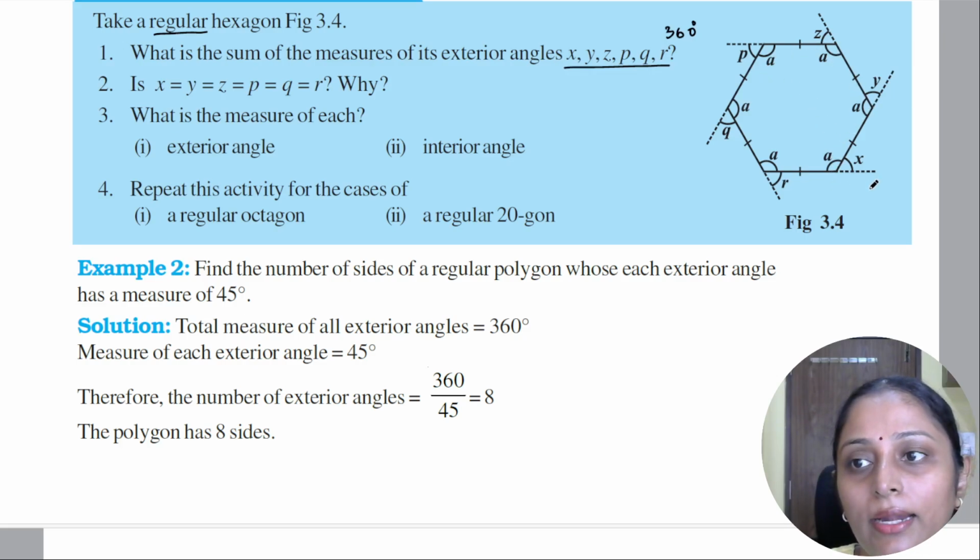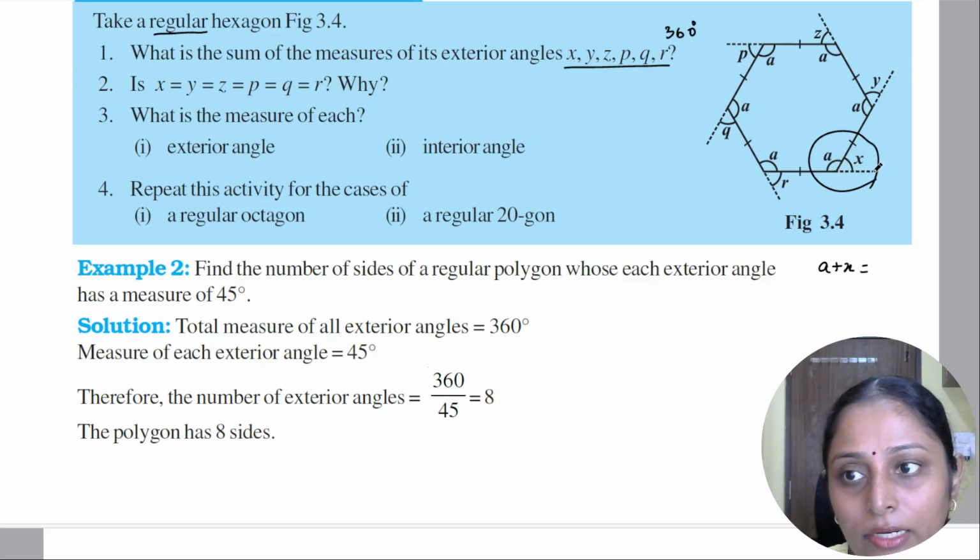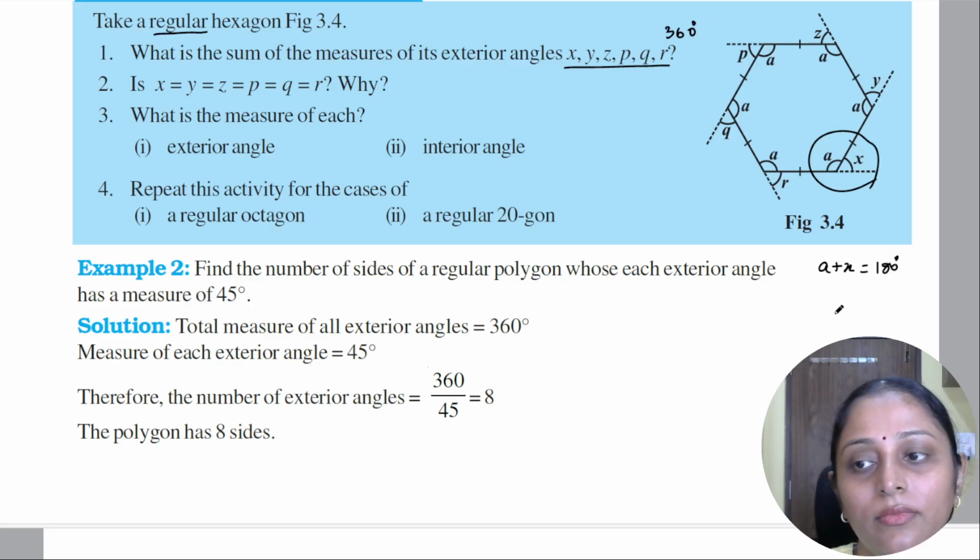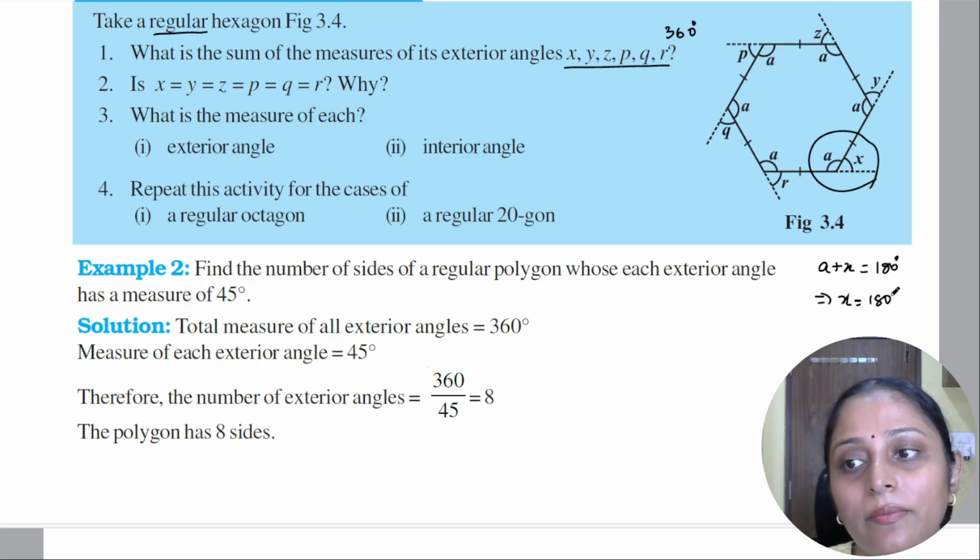Now if you look at this, for example, what is this A plus x? A plus x nothing but forms a straight angle, because see, you have extended this side in order to get this exterior angle. That means this is a straight line. That means this angle is a straight angle, which is nothing but 180 degrees, right? That means that x is nothing but 180 minus A, right?